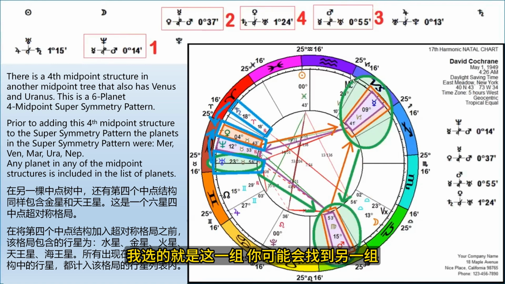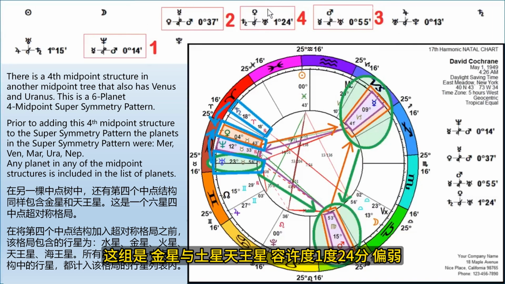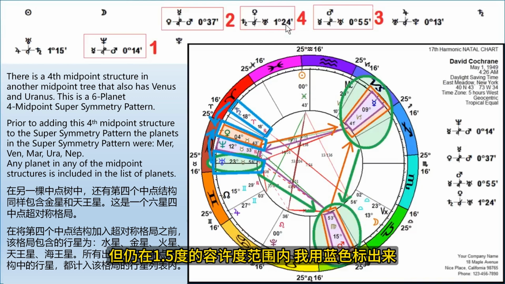Yes, the 4th one I selected was this one. You might notice another one, but I'm just going to go in this order; you're going to end up with the same answer, no matter which one you happen to find next. So Venus at Saturn, Uranus, that's very weak at 1 degree 24 minutes. It is within the 1.5 degrees. I put that in blue.